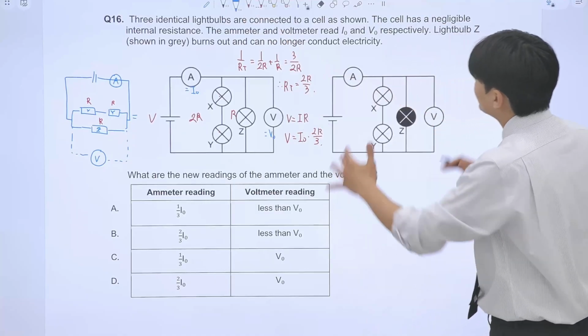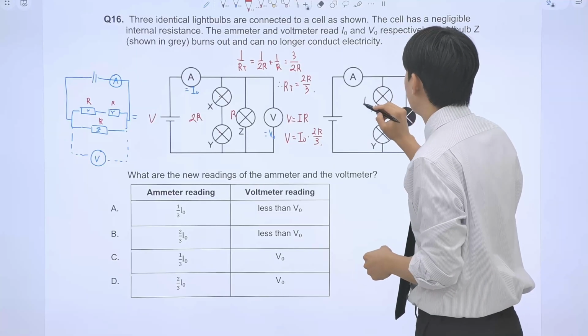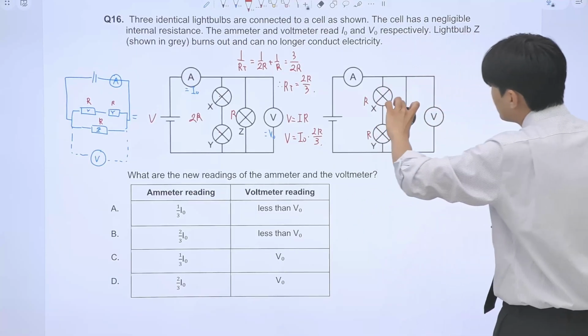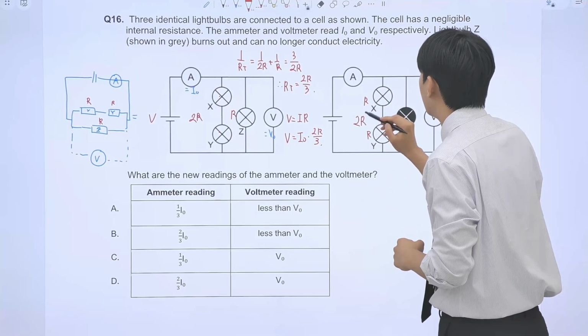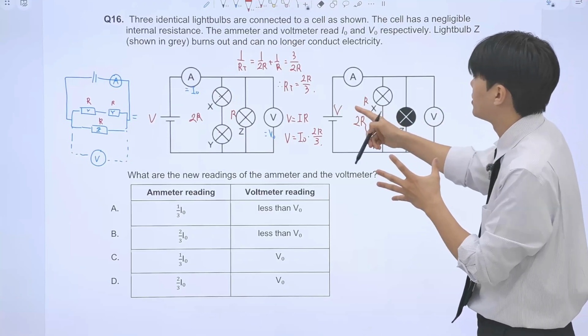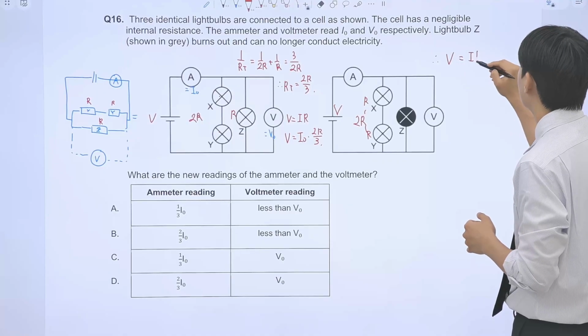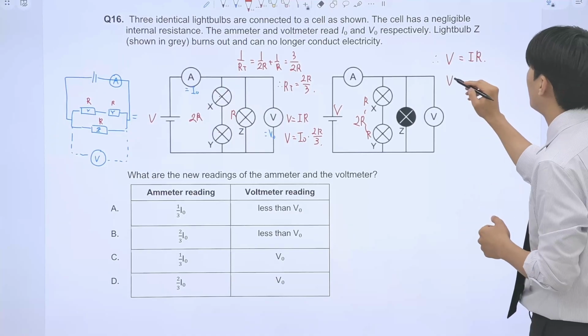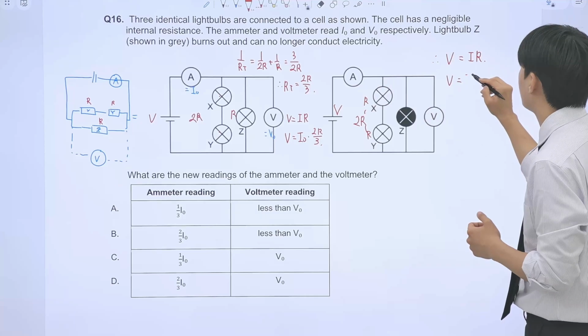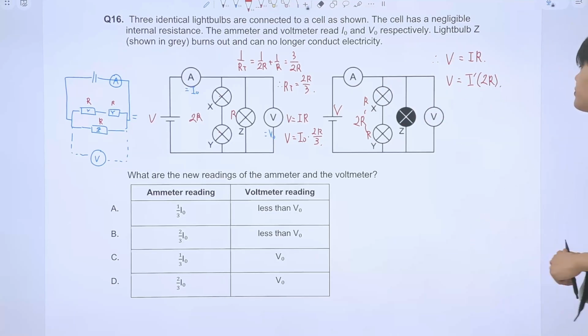Right. Let's think about the second situation. The Z is burnt out, which means the only resistance we have is 2R in series, so they make 2R, right? If you think about it, the EMF does not change, right? So V equals IR is still applicable. So V equals I prime times R, but instead of R, we have 2R, right?